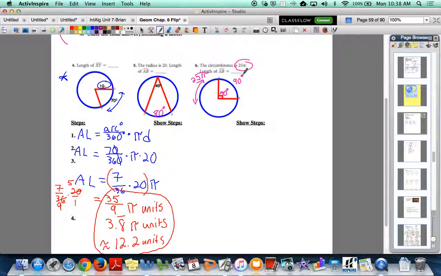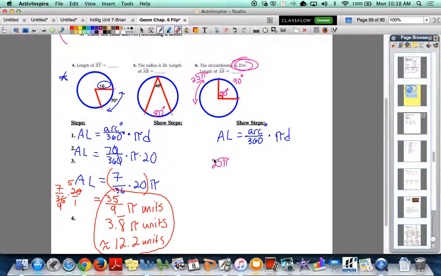Okay, so we're given some different parts in number 6, but we're still going to start off with our formula, which is arc length is a fraction of the circumference, so the arc measure out of 360, and the circumference being calculated by pi d. And just like the other problem, we're going to plug in what we know for our second step here. Now in this case, we're plugging in the actual circumference itself up here. So that number, 25 pi, needs to go in the arc length spot.